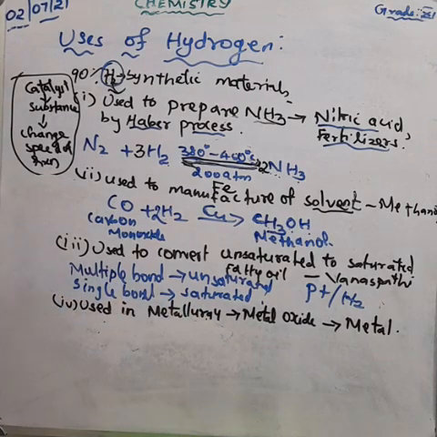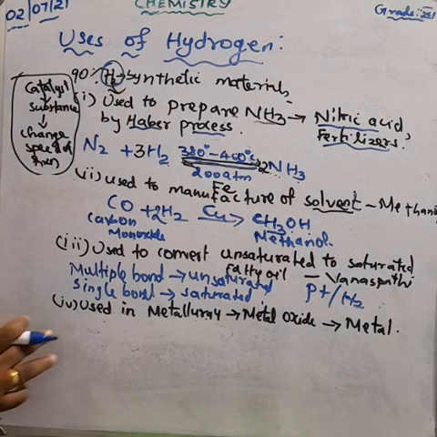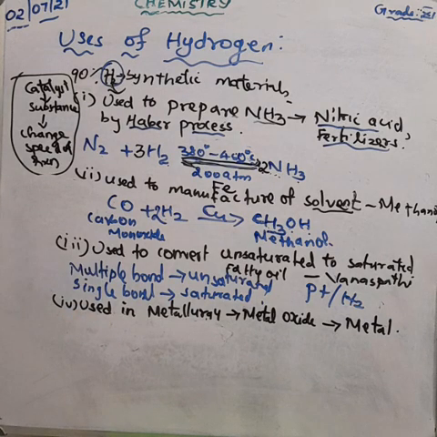So hydrogen, what is the important property? The reducing property. Hydrogen has one important property, that is the reducing property. So using hydrogen, we reduce metal oxide to metal.